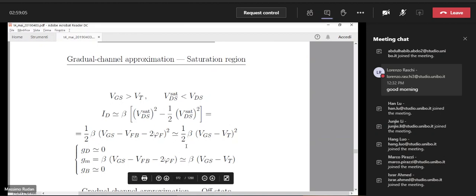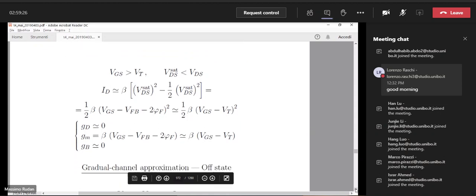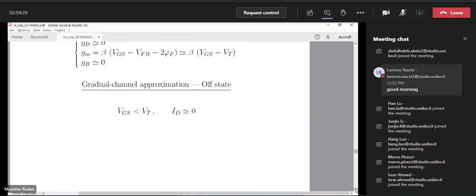The transconductance is the derivative with respect to VGS. So in this simplified expression, it is beta times VGS minus VT. And of course, the bulk transconductance is 0, okay? And then we have the off state, which we already discussed simply. In this simplified model, when VGS is smaller than VT, ID is 0. So this completes the elementary model of the MOS device, okay?